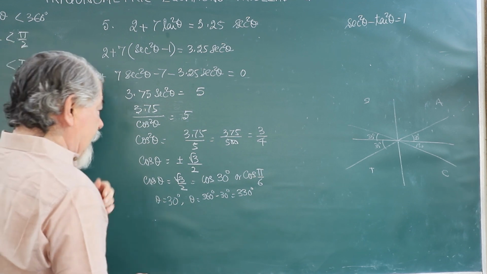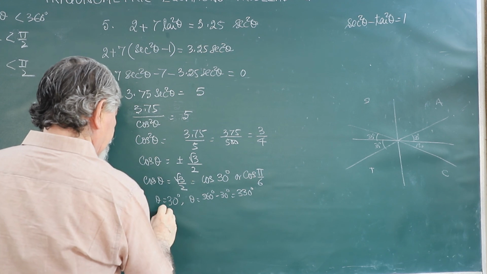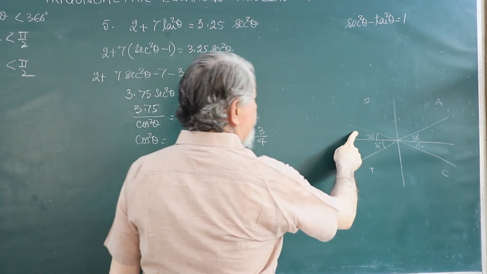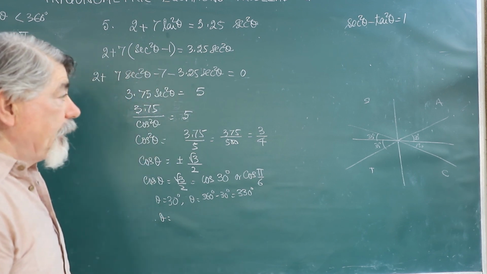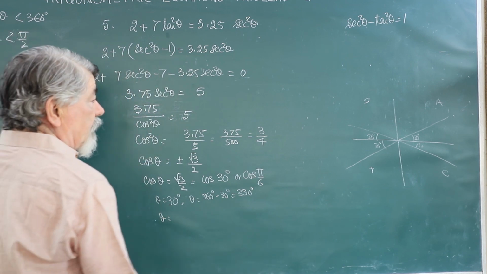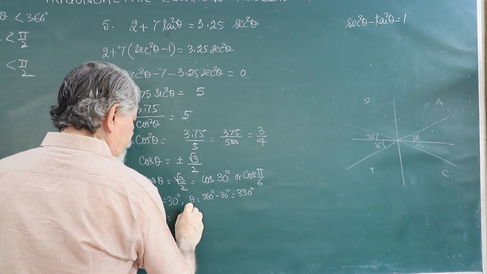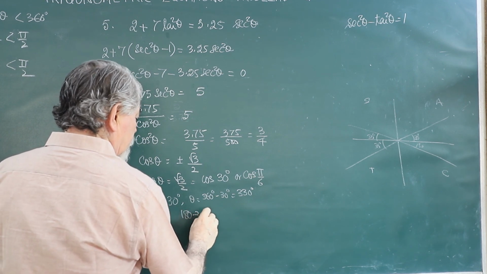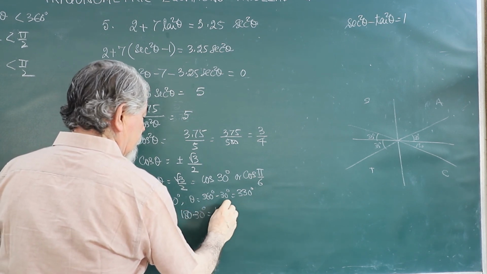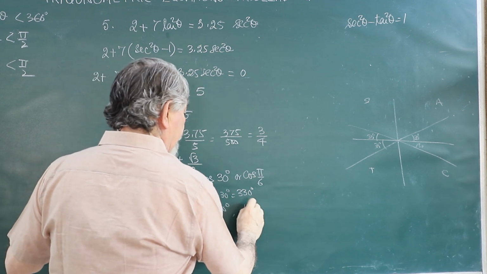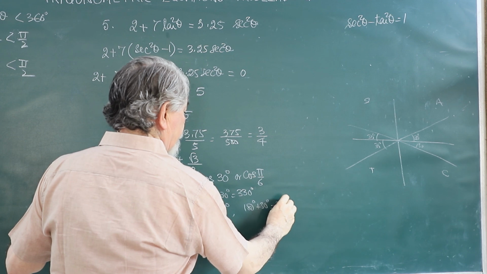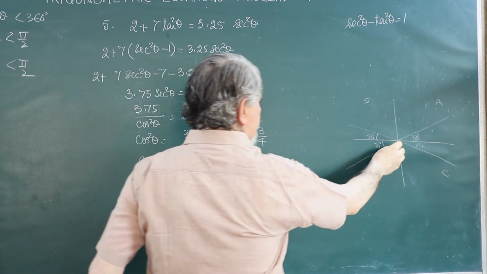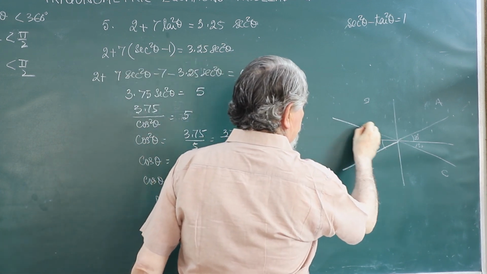If cos theta is negative, then theta will be how much? Theta will come either in the second quadrant or in the third quadrant, and that will be what? Theta will be 180 minus 30, that is 150, and 180 plus 30, that is 210.